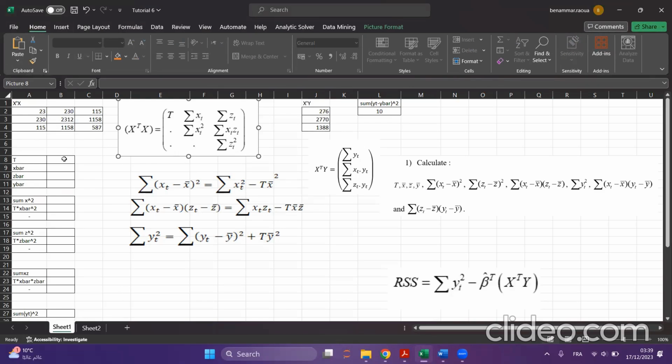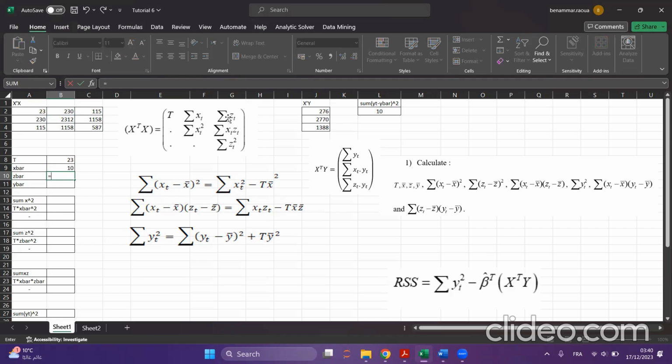So the number of observations T is the first element of XTX, which is 23. X bar is the sum of xt over the number of observations. So it is the second element in the first row of XTX. So it's 230 over 23, which is 10.